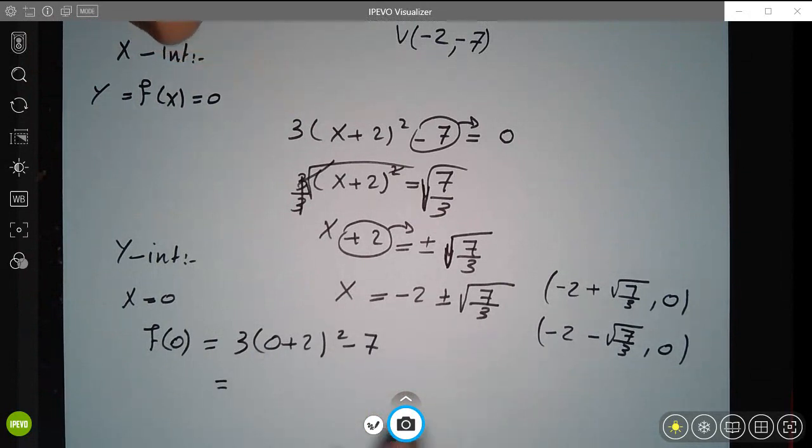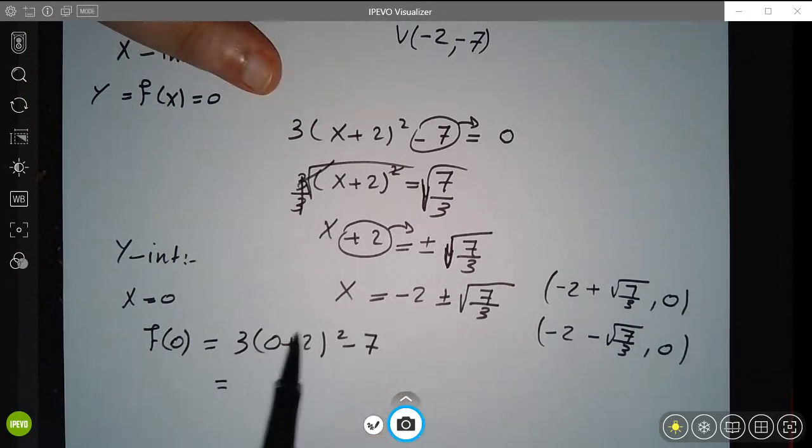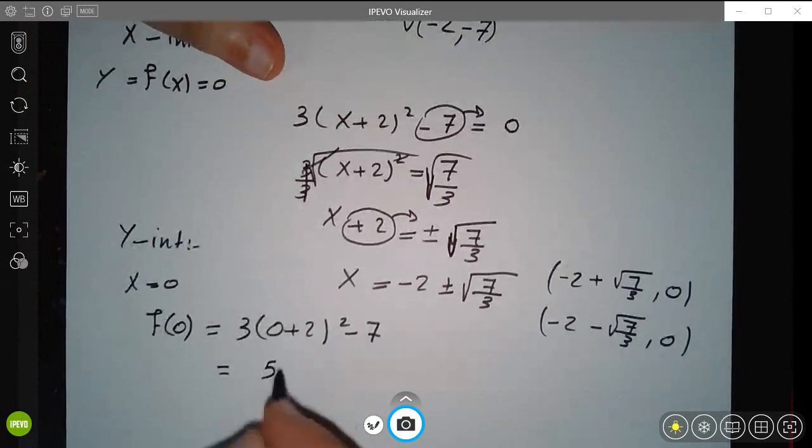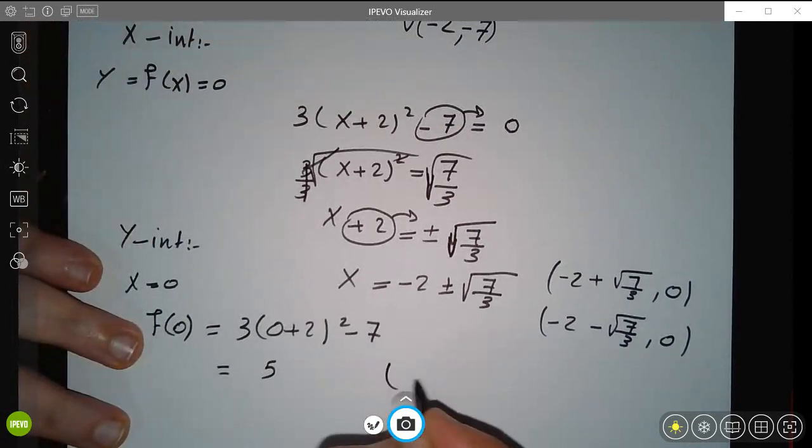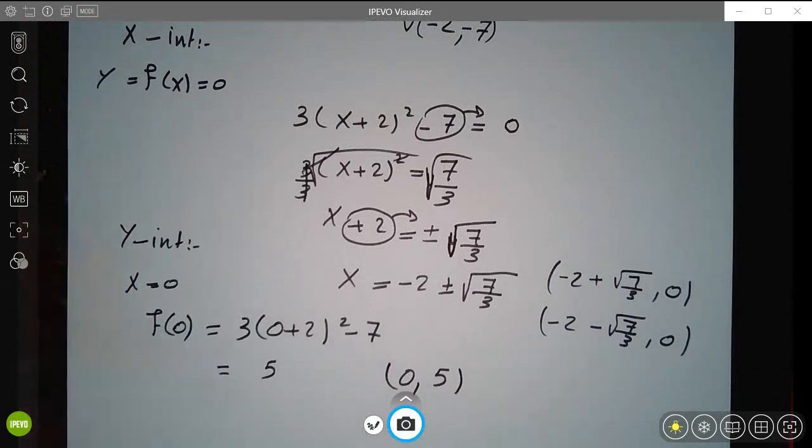So 0 plus 2 is 2. 2 squared is 4. 4 times 3 is 12, and 12 minus 7 is 5. Right? But we don't stop there. We have to give it to me in point form, so it's 0, 5. That's your y-intercept.